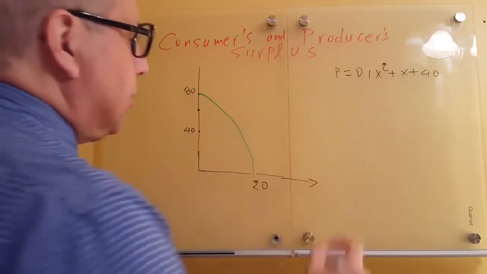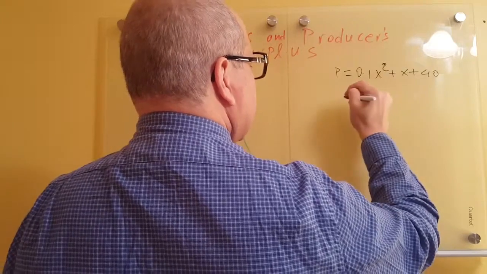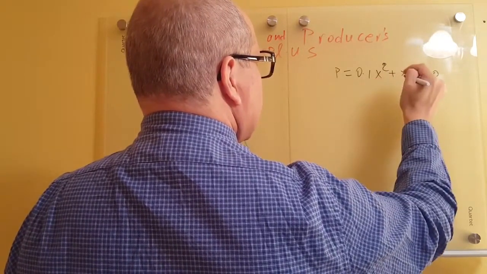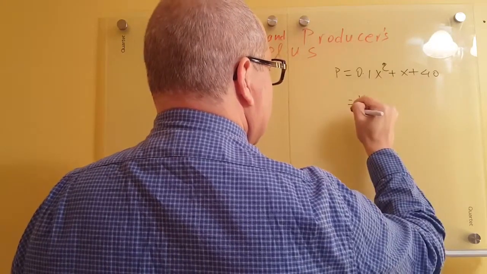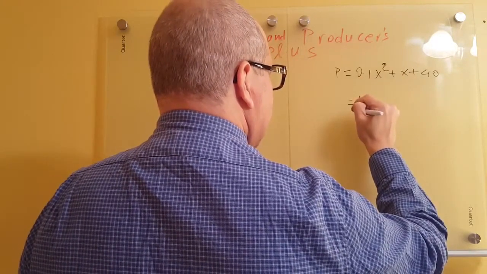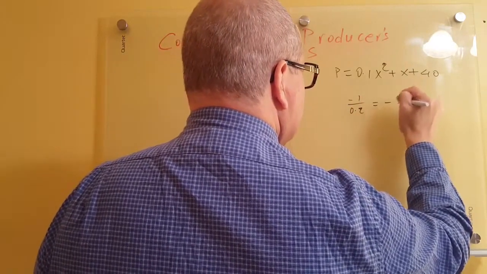And the x-coordinate of the vertex is minus b over 2a. In this case it will be minus 1 over 2 times a, which is 2 times 0.1, so 0.2, and that is equal to negative 5.